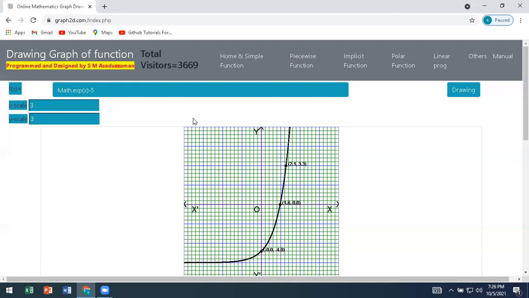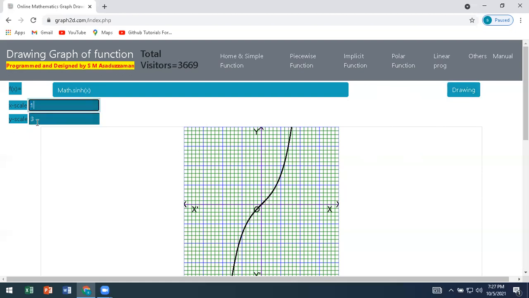Then we draw the hyperbolic functions. For example, sine hyperbolic x, type Math.sinh of x. That means sine hyperbolic x. Press the drawing button, we get the sine hyperbolic x graph.